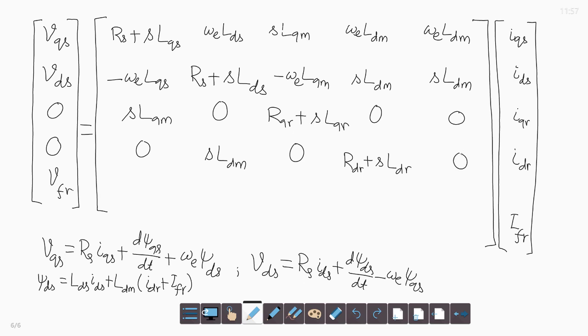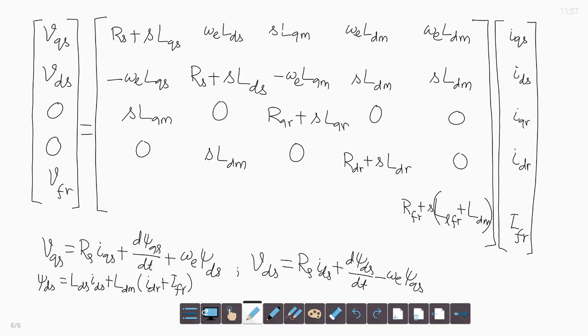And for the field winding, we have fifth row, fifth column, we have RFR field resistance plus S times LFR leakage inductance of the field winding plus LDM d axis mutual inductance times IFR, rotor resistance drop plus dIFR by dt.